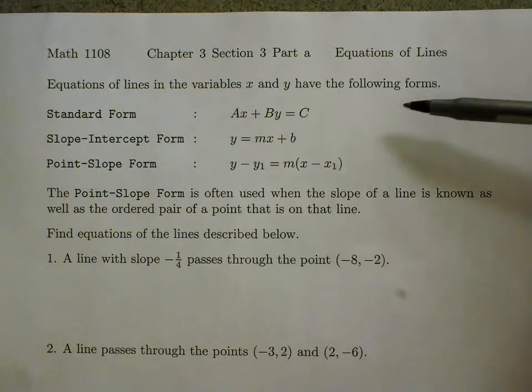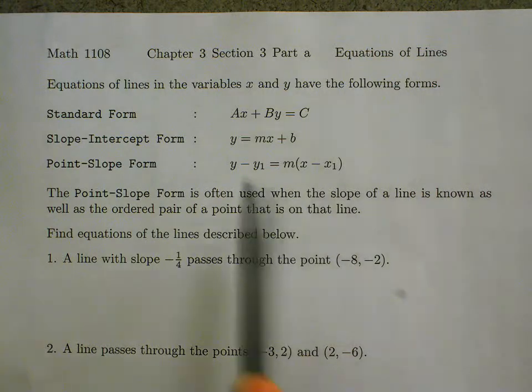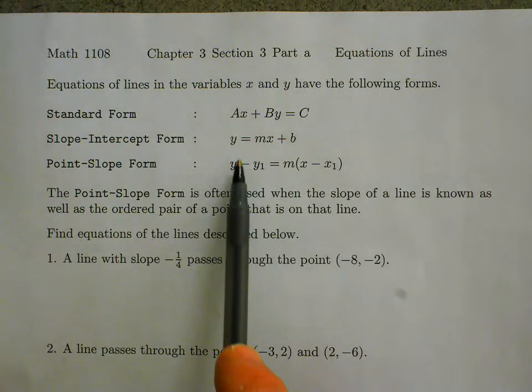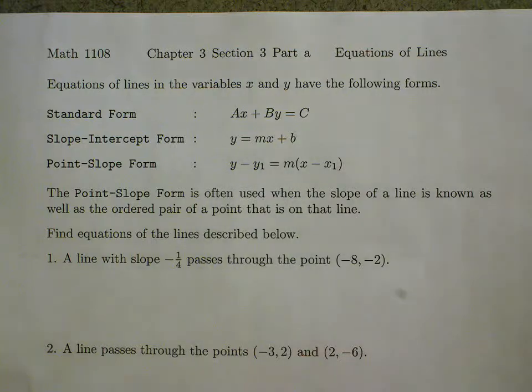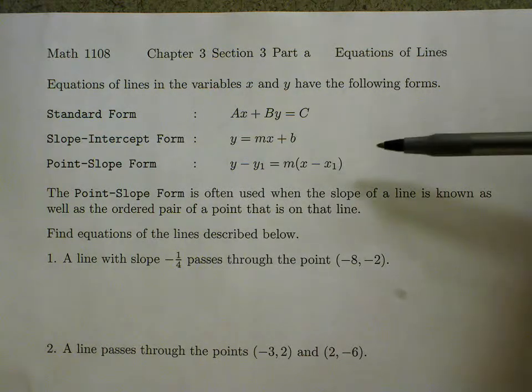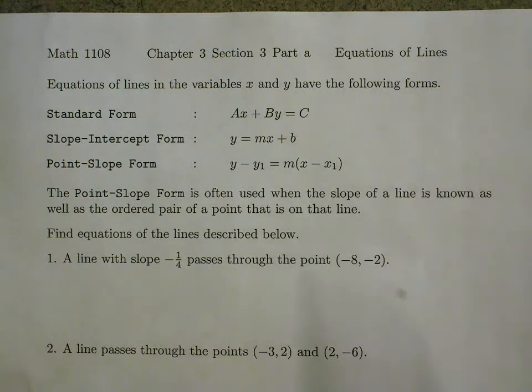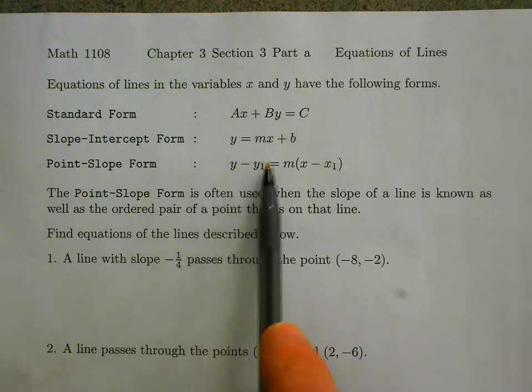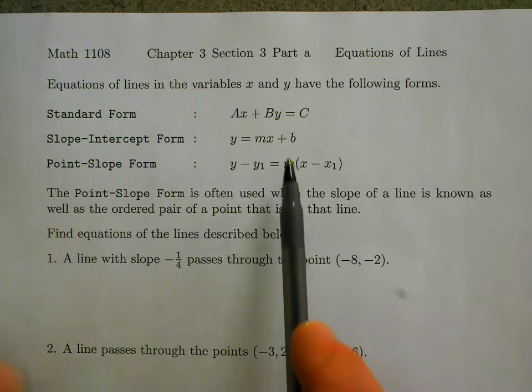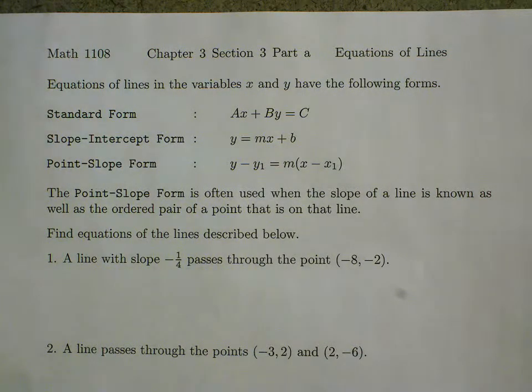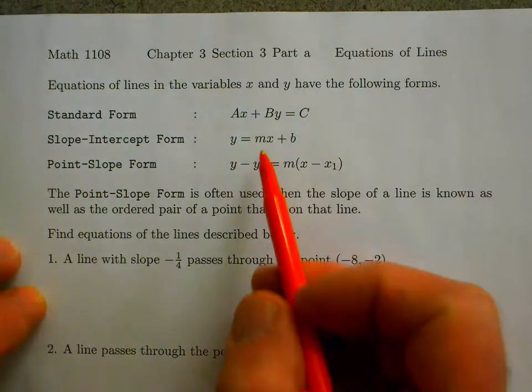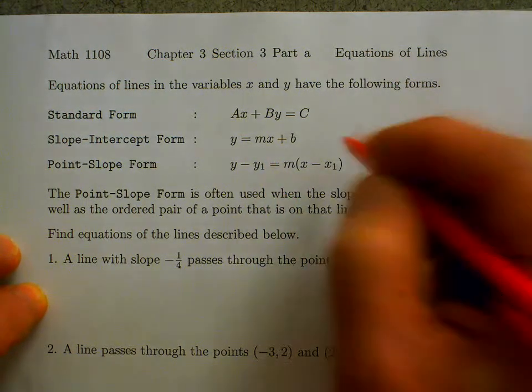If you solve the standard form for y, you can write it in slope-intercept form, y equals mx plus b. This is called the slope-intercept form because m, the coefficient of x, is the slope.